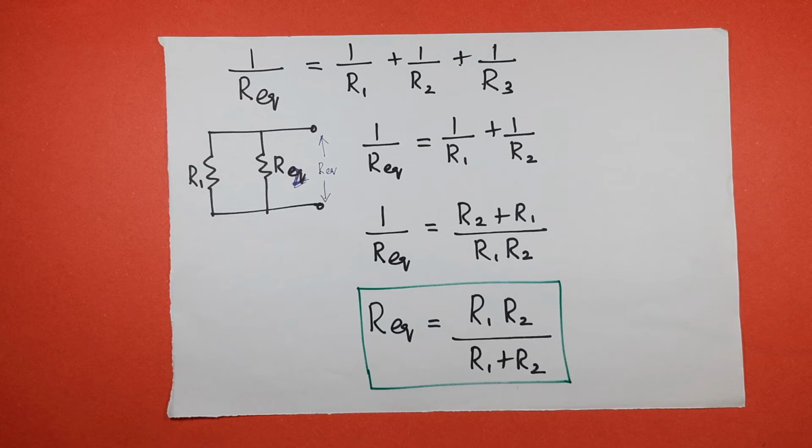This is the formula we have to follow. Suppose you have two resistors connected in parallel, and those two resistors are equal resistors.